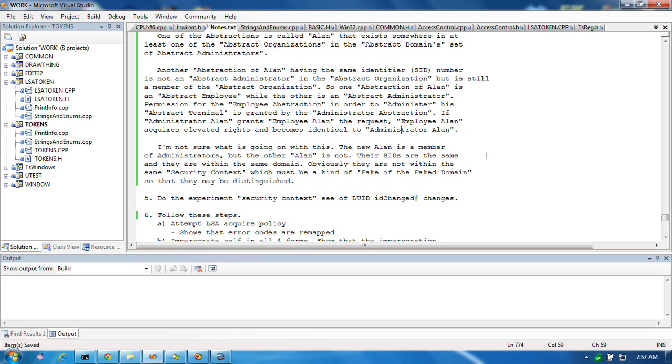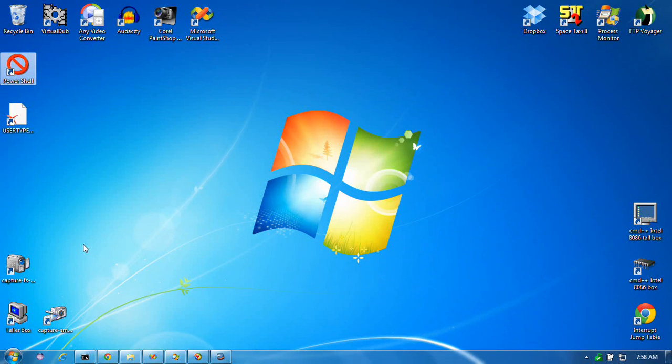The only way that they could possibly be distinguishable, since their security identifiers are the same, and they have different rights and privileges that I can think of, is that, well, obviously they're not in this, whatever this security context thing is. I don't know if you noticed, but the organization was the same.